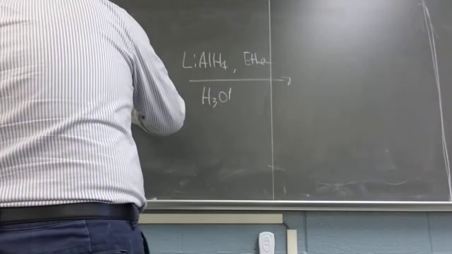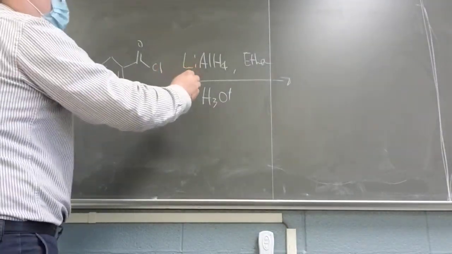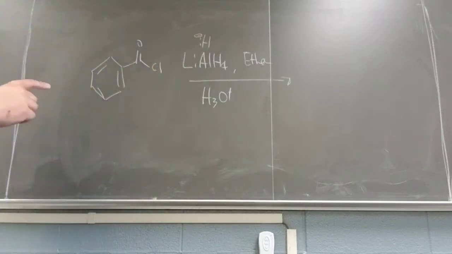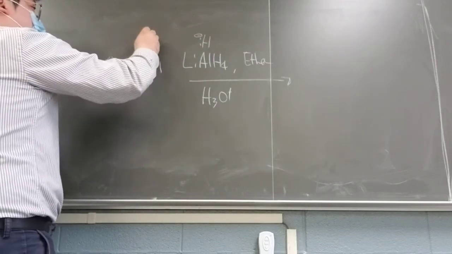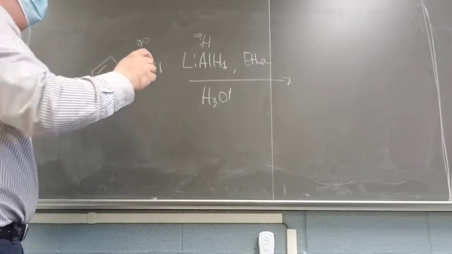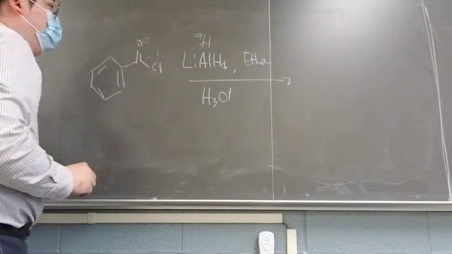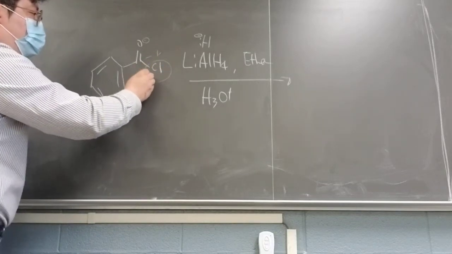need to do is whenever you have the hydride coming into here, you're gonna have this negative charge over here, and then when it's back in there with another hydrogen here, this chloro group will leave.